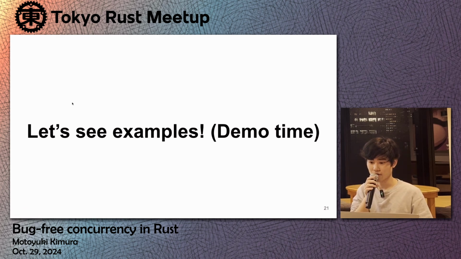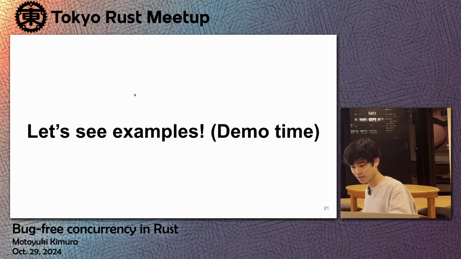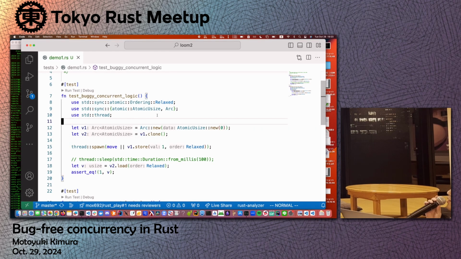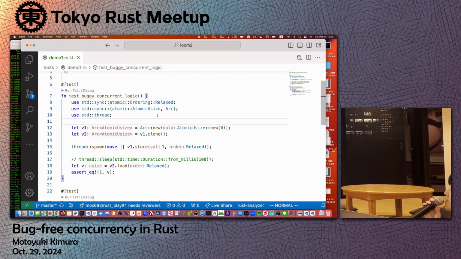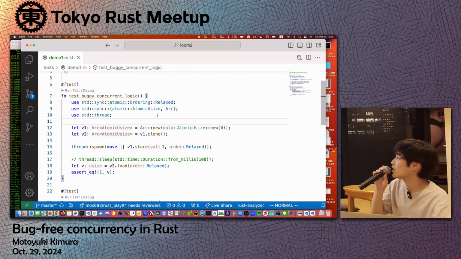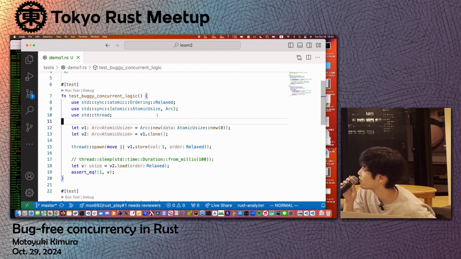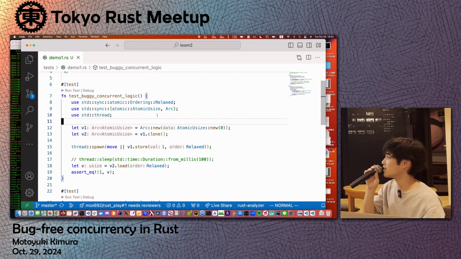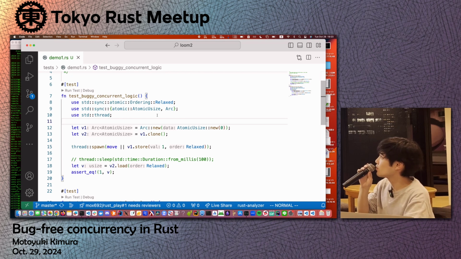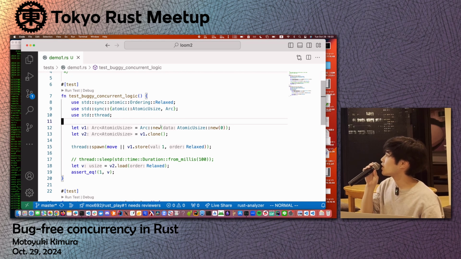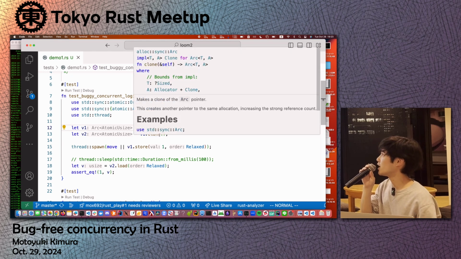Now I want to show some real code examples and see how it looks. Here is a simple Rust multi-threaded program. I will heavily use this example in later slides. In this program, there are two atomic variables which share the same inner value.